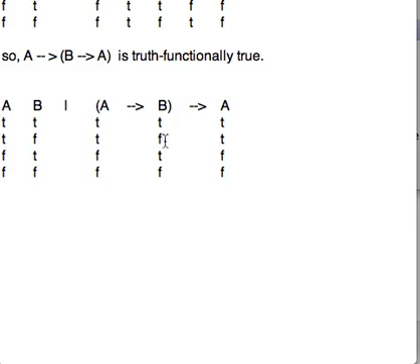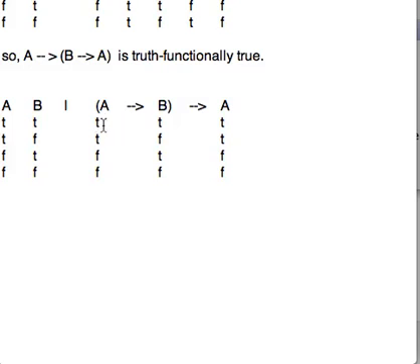But A is true and B is false under this truth value assignment, and so on. Rather than evaluating the second material conditional first, the rule always is to look at the innermost truth functional connective. In this case, that's this first material conditional. So let's evaluate the connective here.